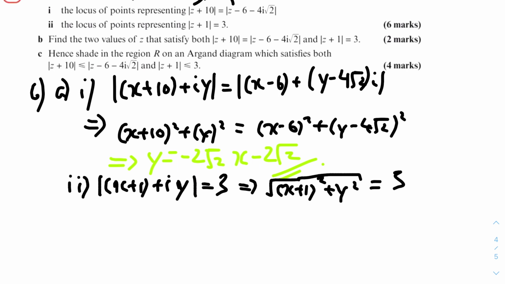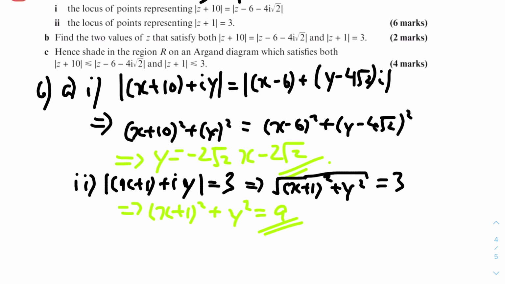So we can expand the bracket to get basically x plus 1 squared plus y squared equals 9. Right? So let me just undo this. And therefore, it will be x plus 1 squared plus y squared equals 9. And that's the answer. And part B, hence find the two values of z that satisfy both of the locus that I just wrote down.